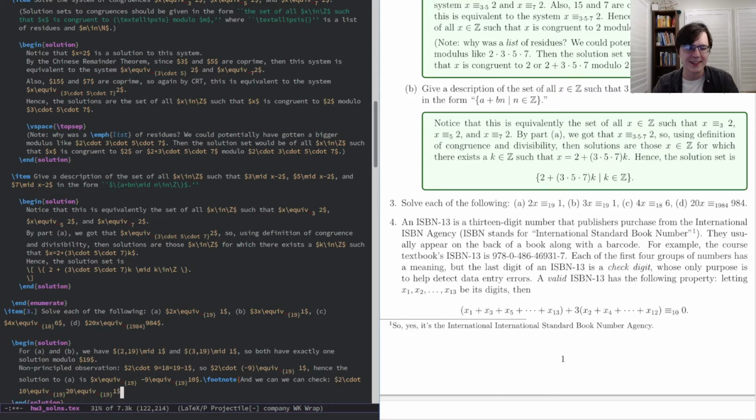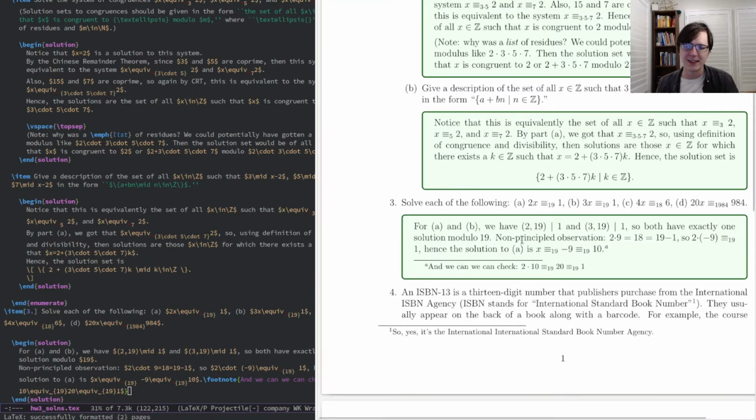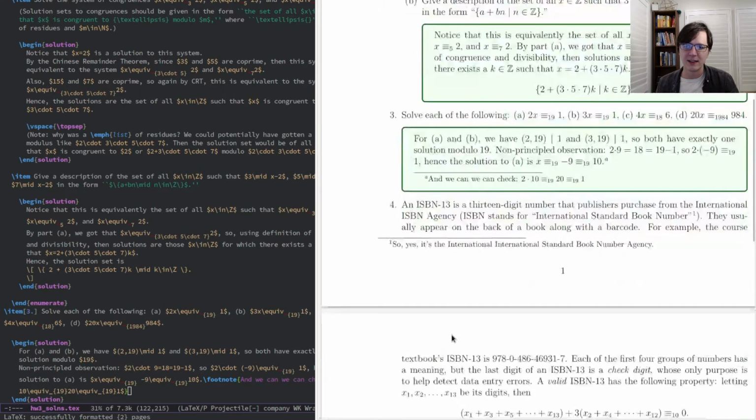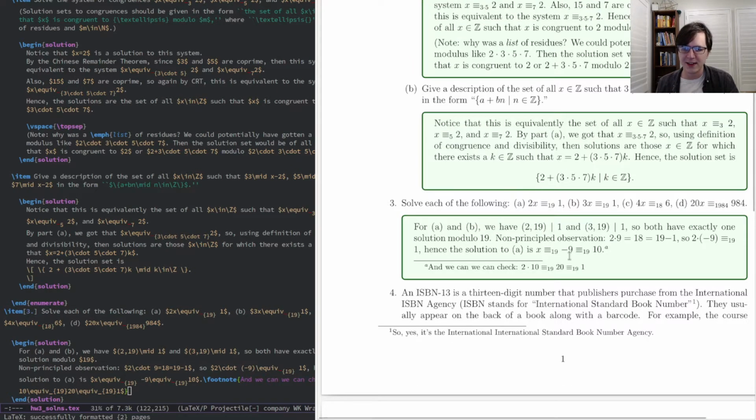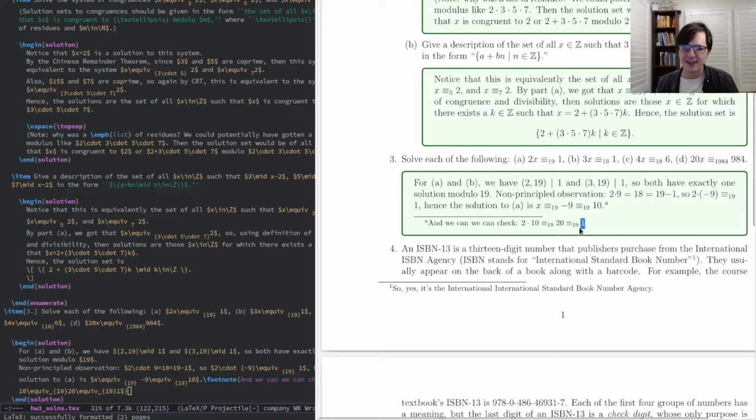So 10 really is the... Okay, let's not do crazy stuff. First I'll show you how that renders. Oh, wow, okay, the footnote goes right in the solution. So anyway, 10 is the multiplicative inverse of 2 mod 19.